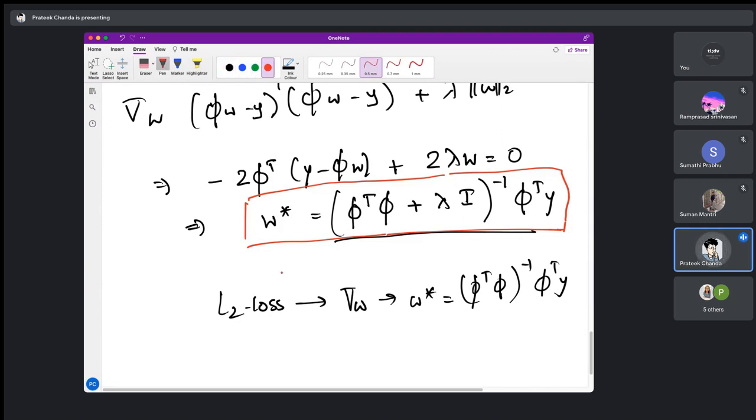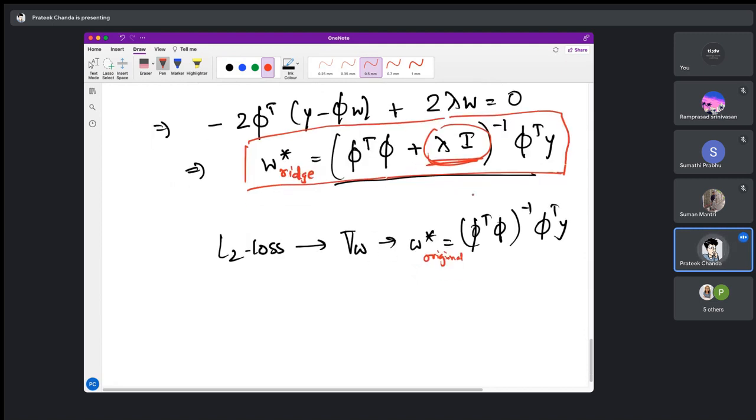So this is for ridge, and that is the original L2 loss only, without the regularization part. So adding the regularization part adds an extra factor here, lambda I.